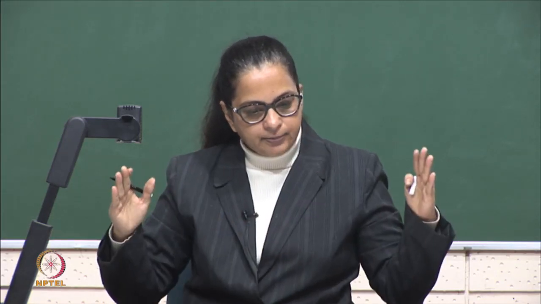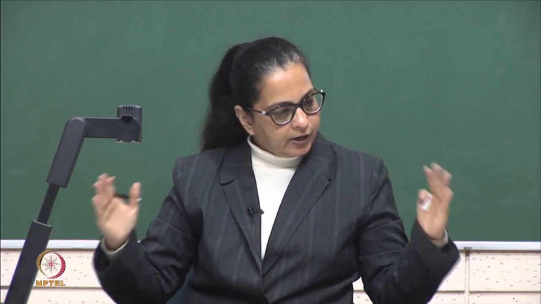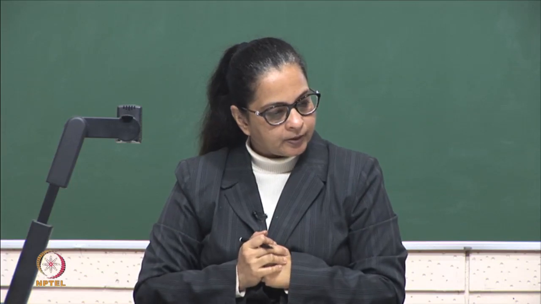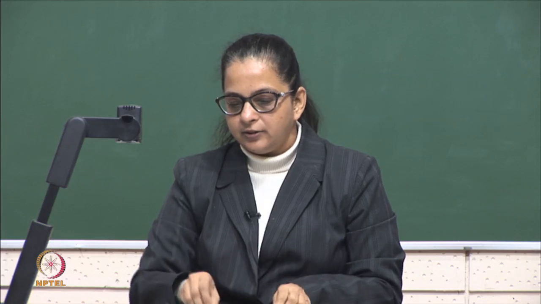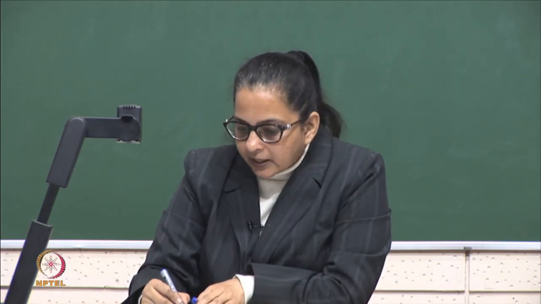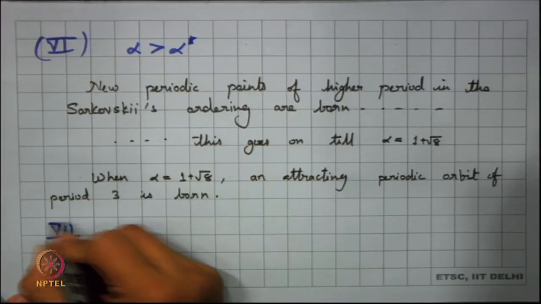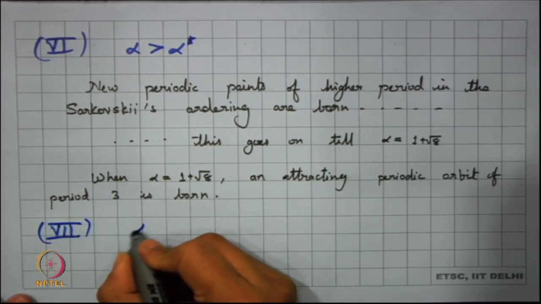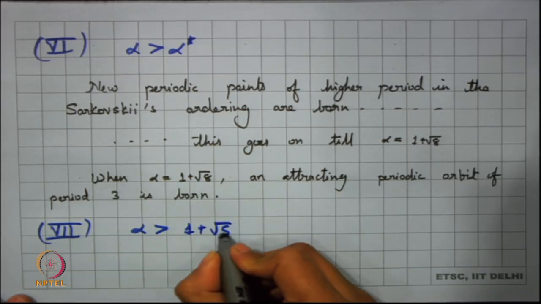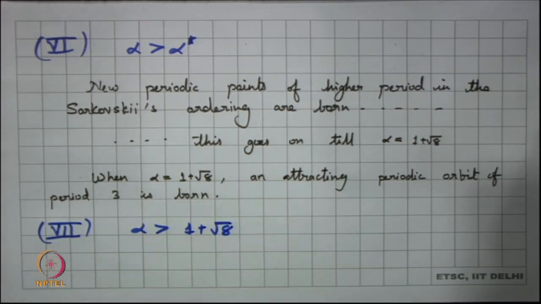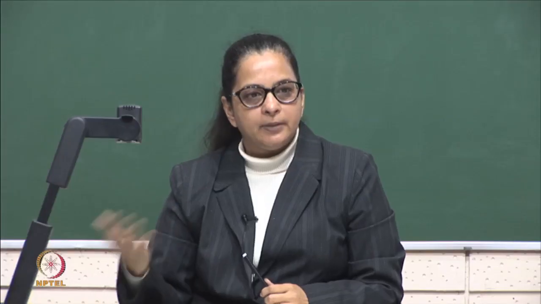So, all you can see is this periodic point of period 3, and what happens beyond that? Maybe I should call it the 7th case, when alpha becomes greater than 1 plus root 8. Now, when alpha becomes greater than 1 plus root 8, this periodic orbit of period 3 also becomes repelling.